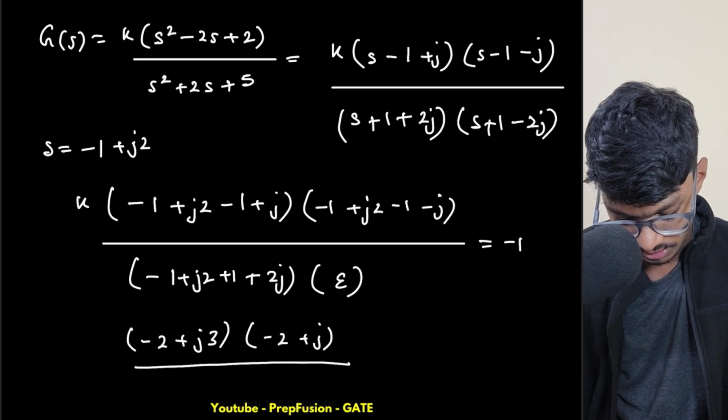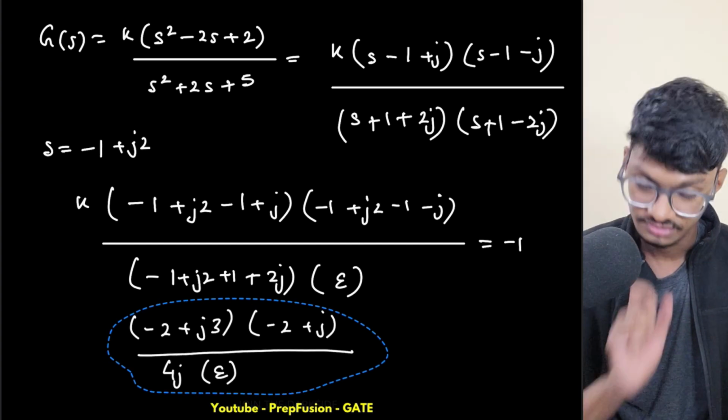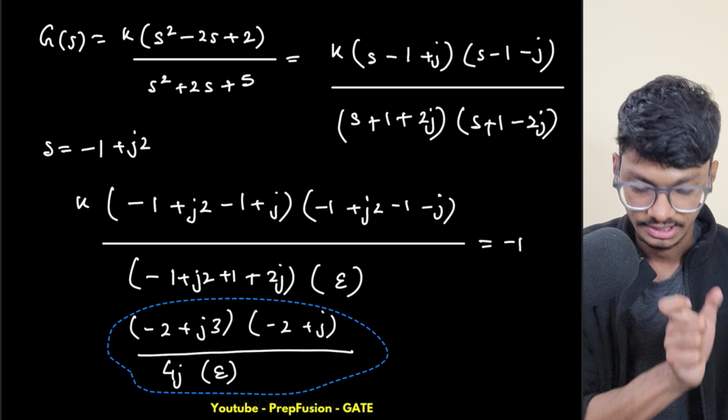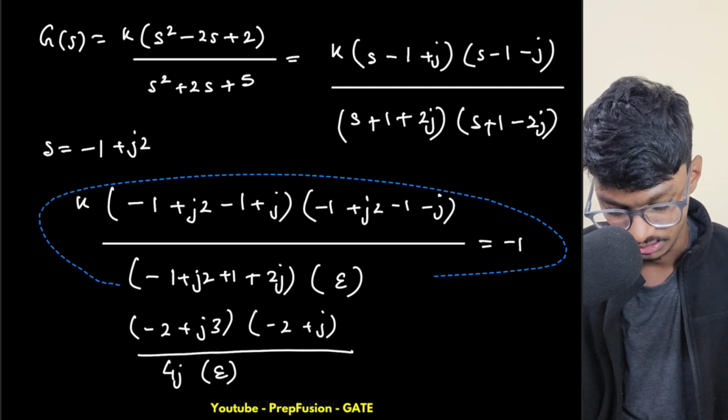This will become 0 and this will become 4j, and this I am writing as epsilon. This is very near to that point but not exactly equal to that. That is how we test it basically. That is the basic concept of angle of departure.